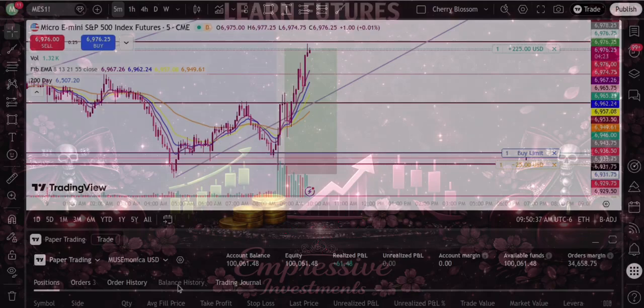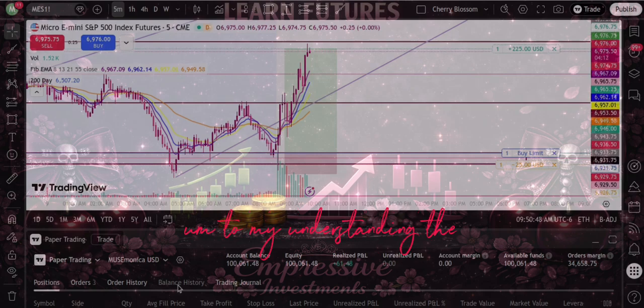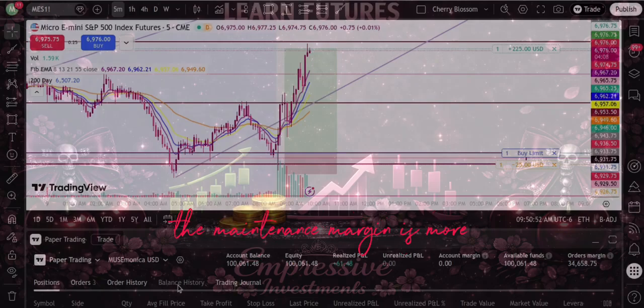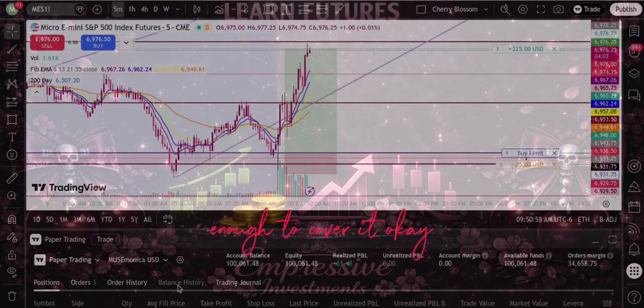All right. And even if you're just taking one contract, it's still not enough to cover it. To my understanding, the maintenance margin is like a security deposit for the contract, you ensuring that you have enough to cover it. Okay.